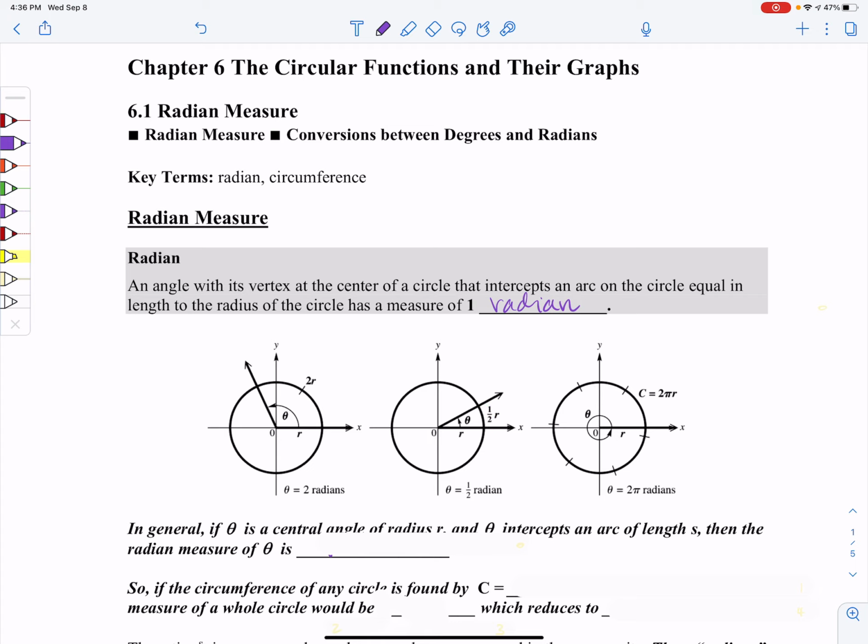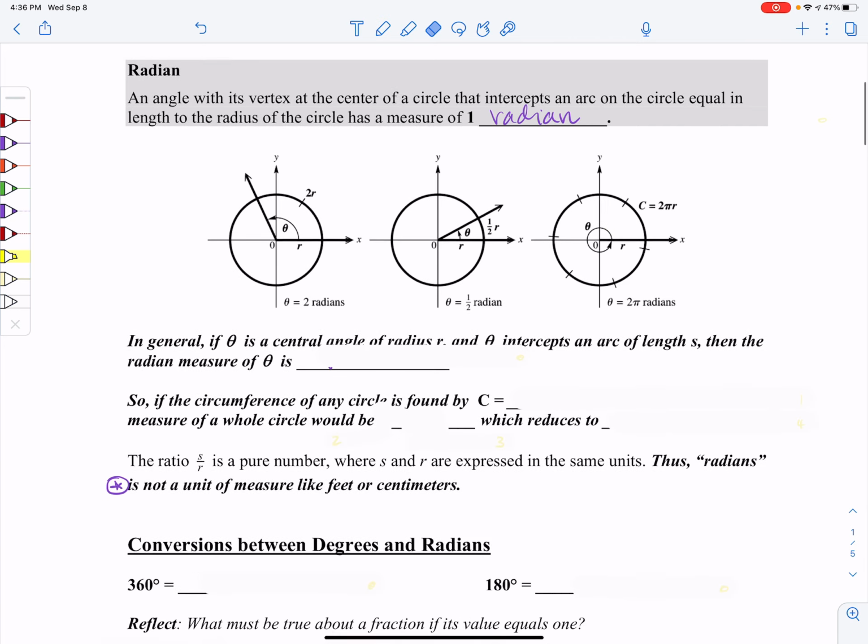In that third one, notice that I'm going all the way around the circle. That distance around is what we call the circumference. The measure of that central angle is 2 pi radians. We'll discuss that in just a moment.